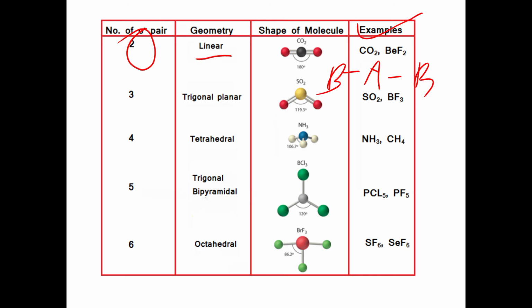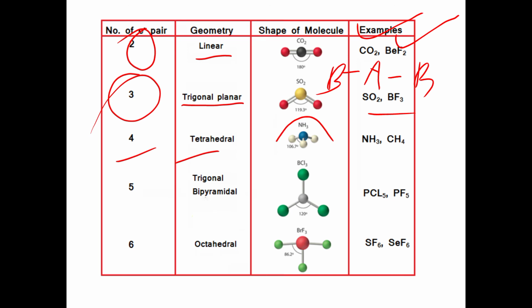For example, carbon dioxide, beryllium fluoride, etc. If the number of electron pairs is 3, its shape is trigonal planar. This will be the structure. In the linear shape, the bond angle is 180 degrees. In trigonal planar it is 119.3 degrees. Examples SO2, BF3. If 4, then tetrahedral. Ammonia is one of the examples, and the bond angle is 106.7 degrees.